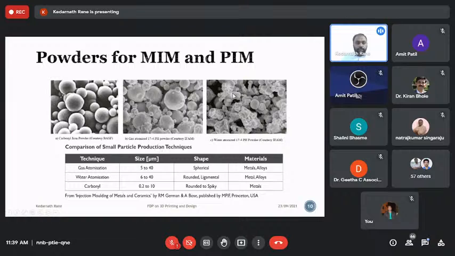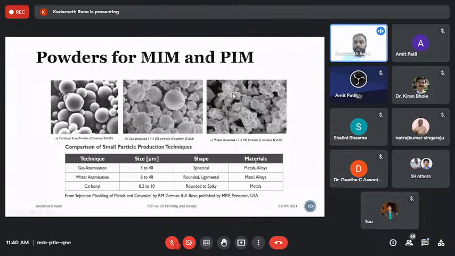When it comes to the comparison of small particle production technologies, we can see each process is capable of producing powders, but the size of the powders and the mean size is different for each. The shape is different, and the processing technology is suitable for different material combinations. For example, the carbonyl process is only suitable for pure metals.